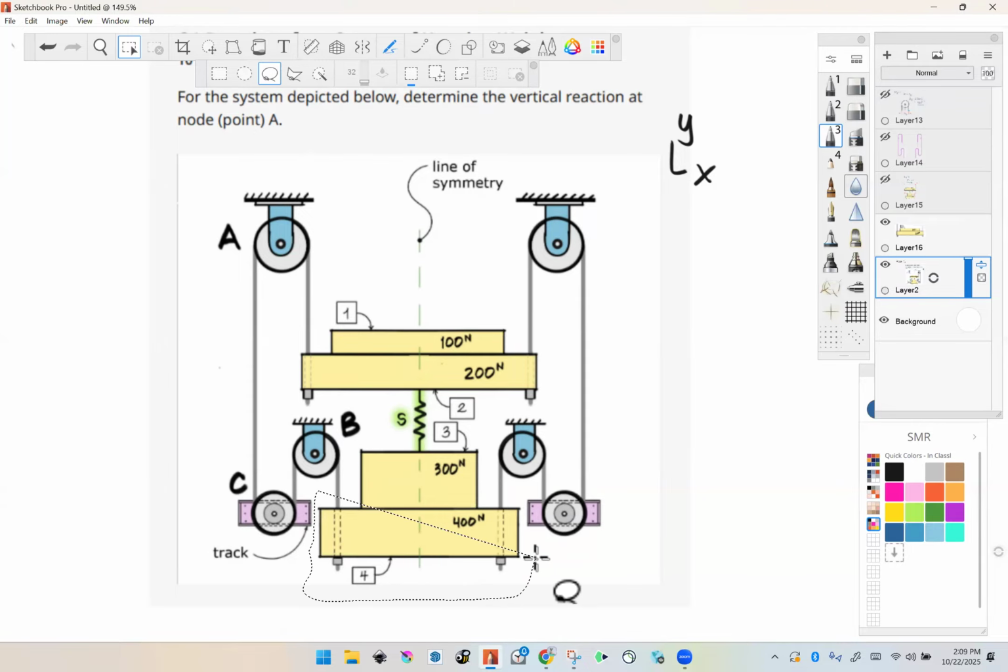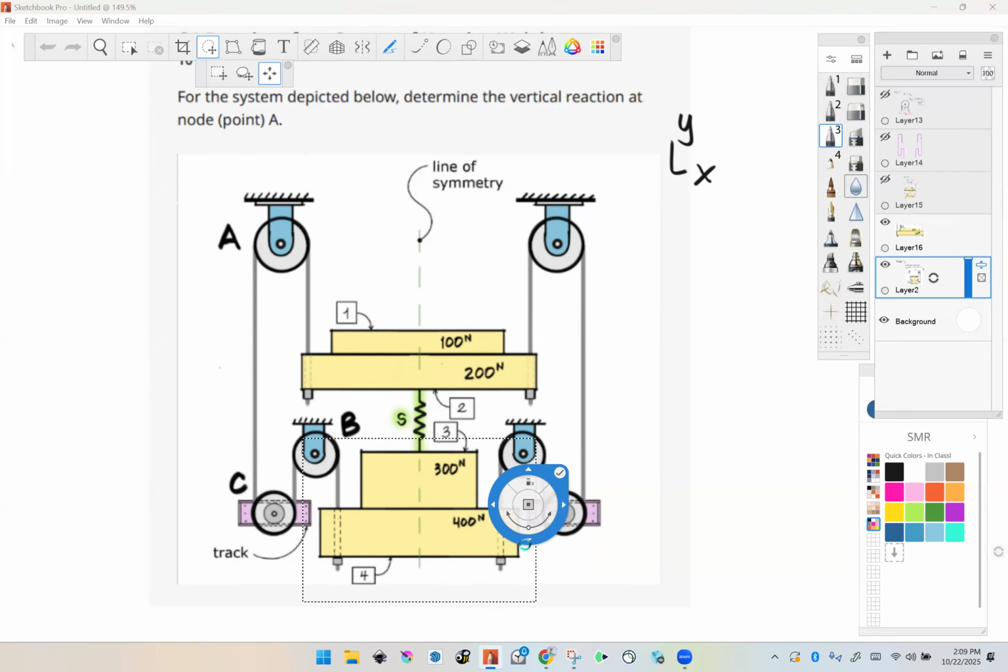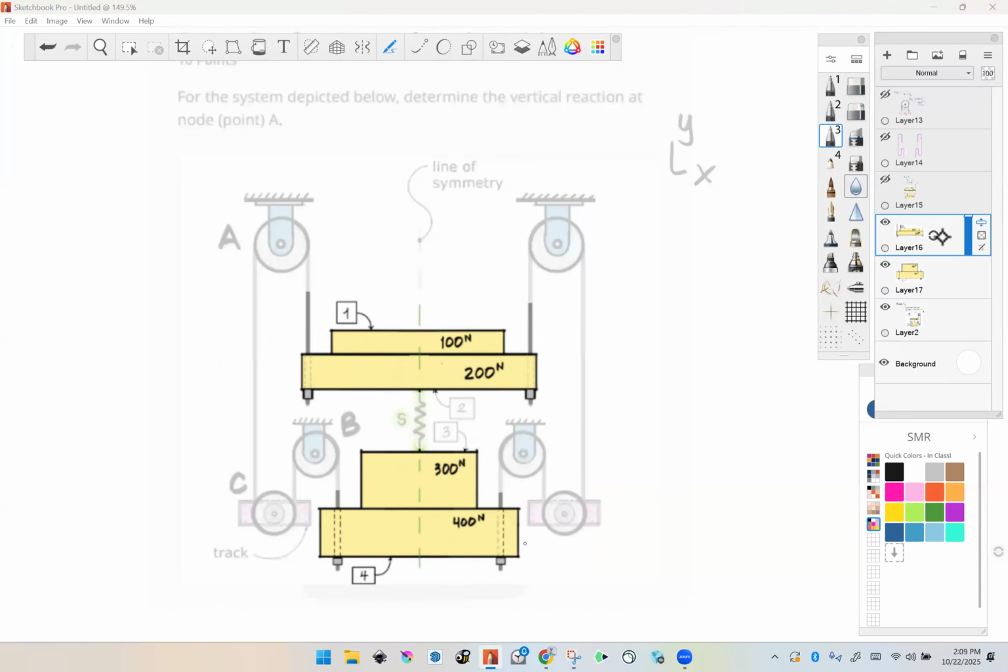So cut, disconnect, cut. Okay, so that's my other free body. Both of these are separate free bodies, and there are some things that they have in common. So I can do my cut plane, cut plane.